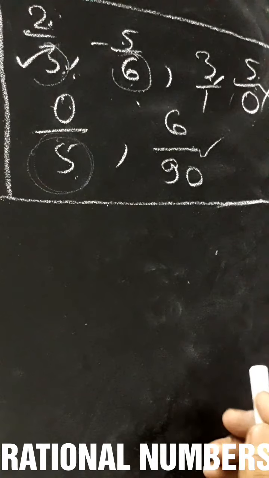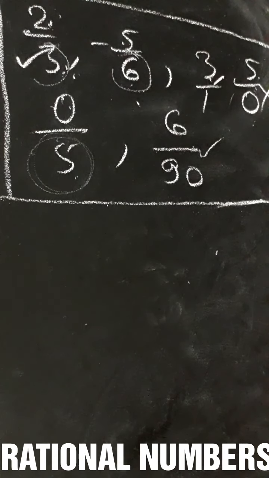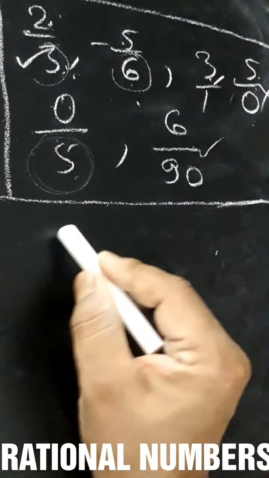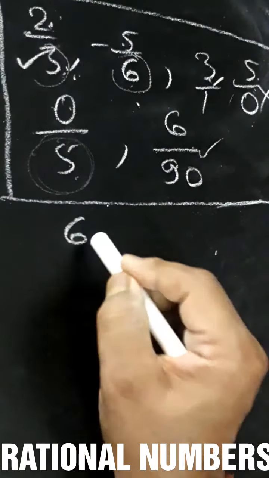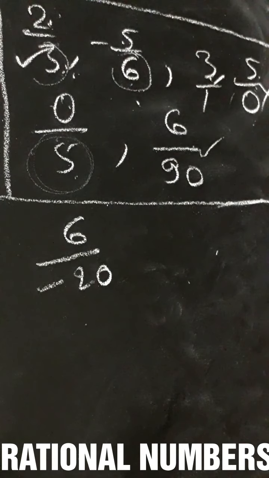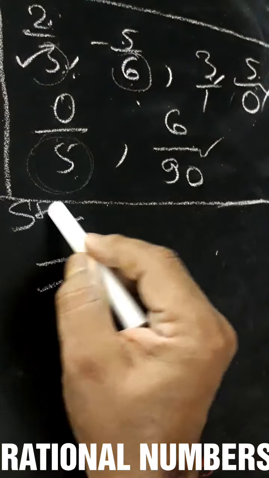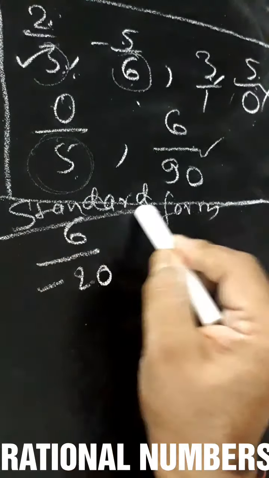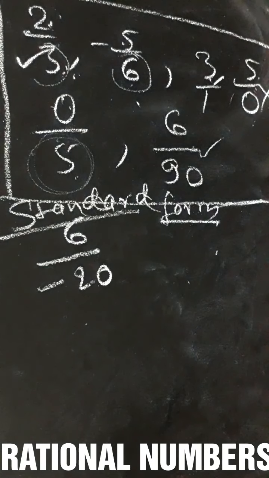Now, we have to write a rational number in standard form. Suppose it is given 6 upon -20 and we have to write it in standard form. We have to keep in mind two things.